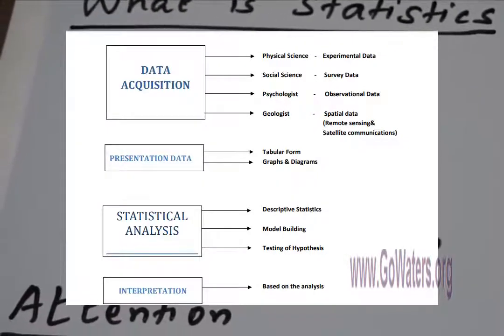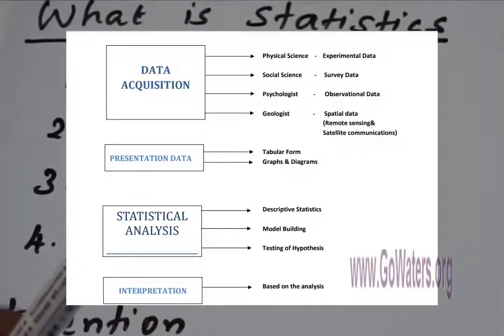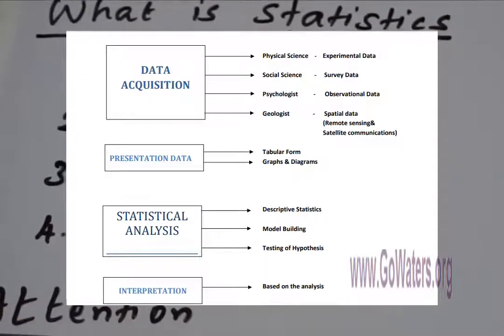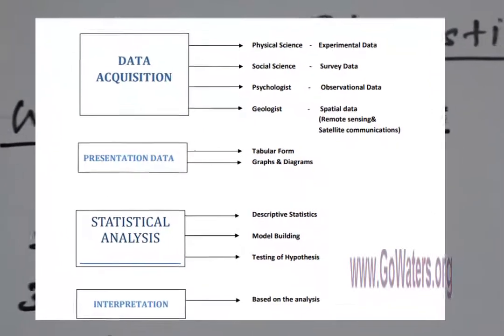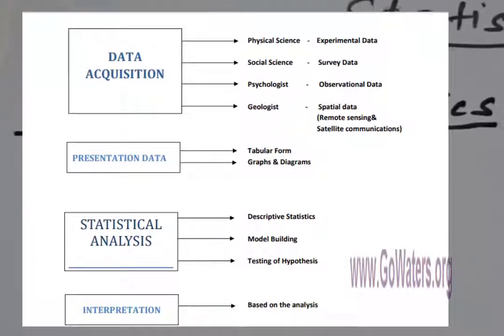The social science and the social scientists acquire data from survey data. So there will be marketing survey, socio-economic survey, political survey.